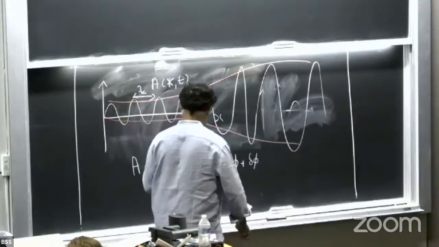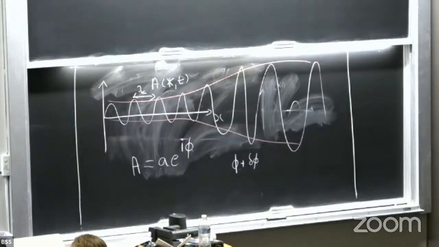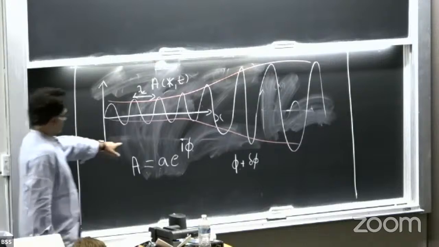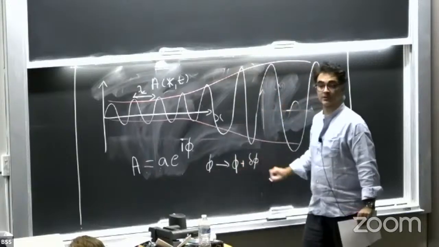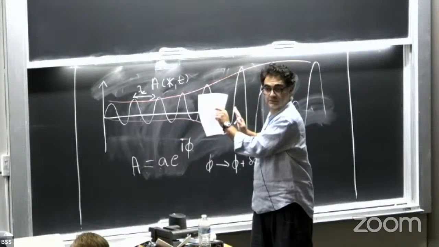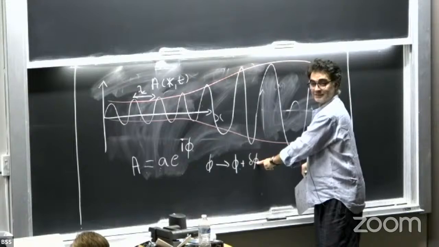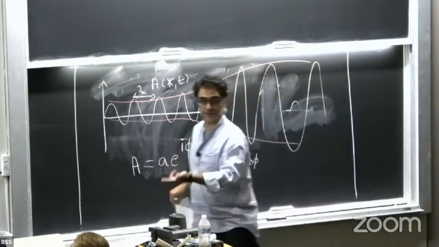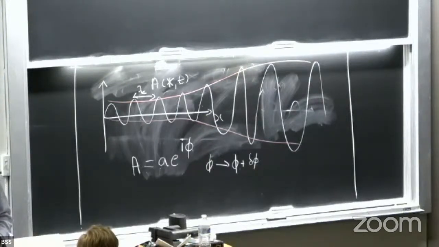So once again, if I have a pattern and I do this transformation, can you see that it will correspond to translating the pattern by an amount delta phi divided by the wave vector?